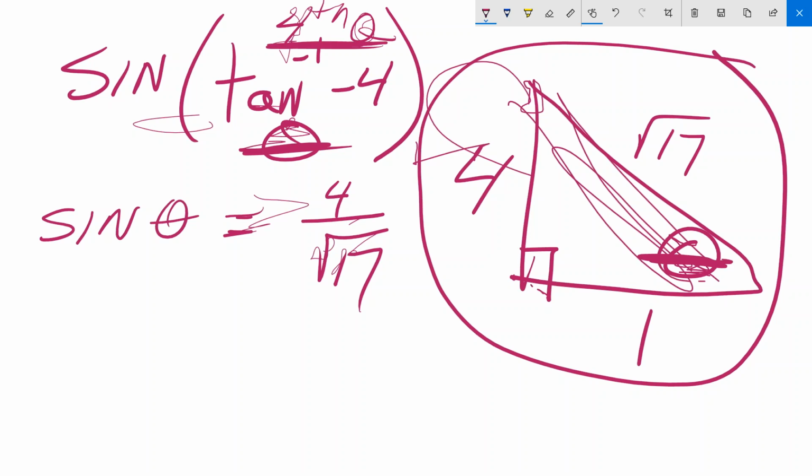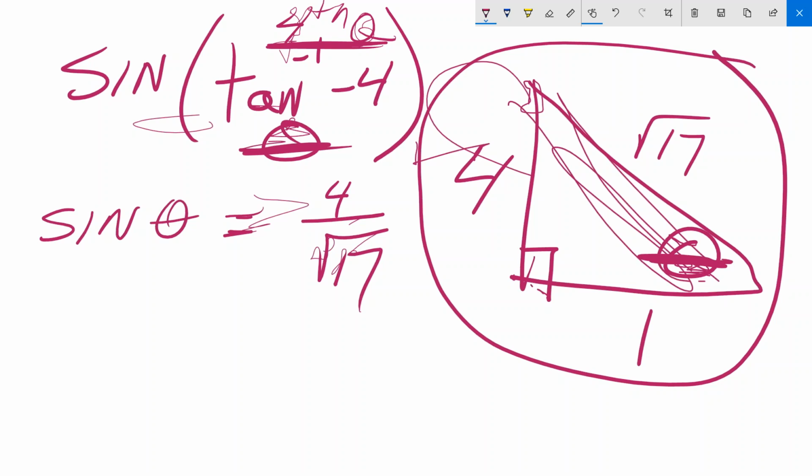Now, I know that the sine of theta is 4 over root 17, but I've got to figure out if it's plus or minus. Well, what is the sine in the fourth quadrant? What is the plus or minus sign of sine in the fourth quadrant?